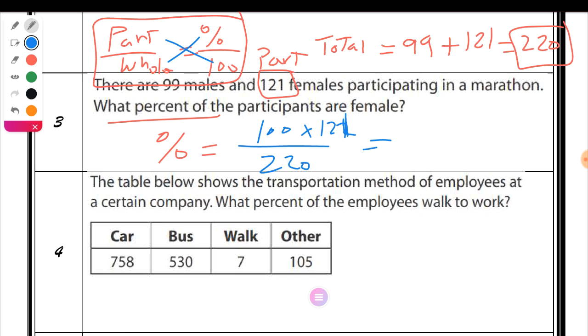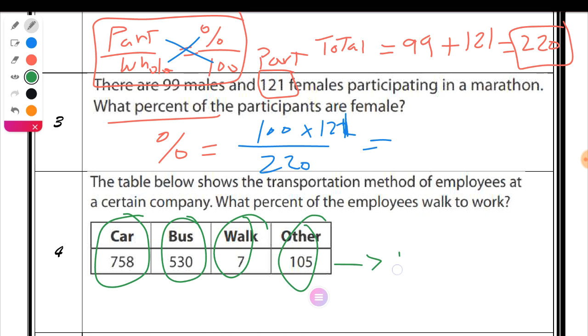Okay. The same in the next question. He gave me some people using transportation. Some of them like cars, so 758, and some ride the bus, and some walk, others 100. So you must find the total. Total will be what? The whole.